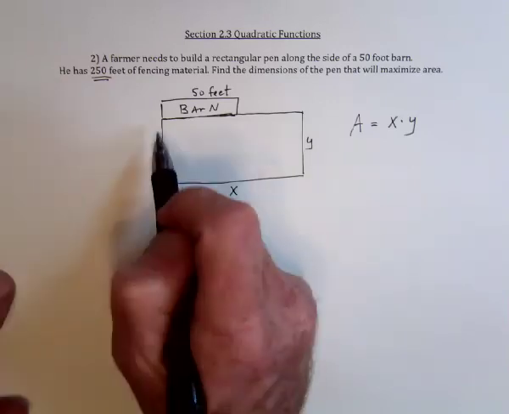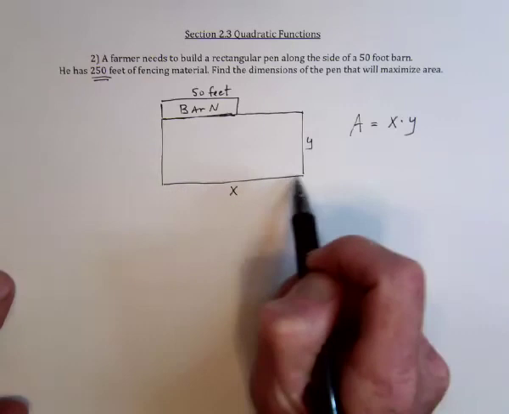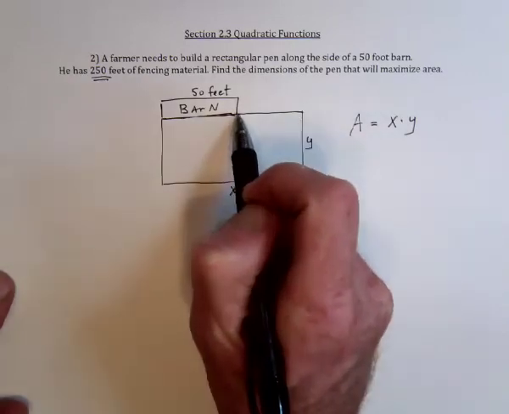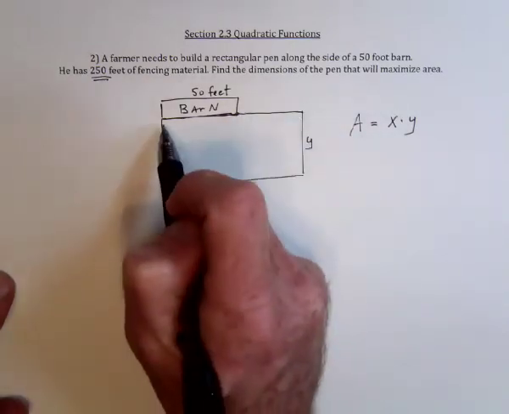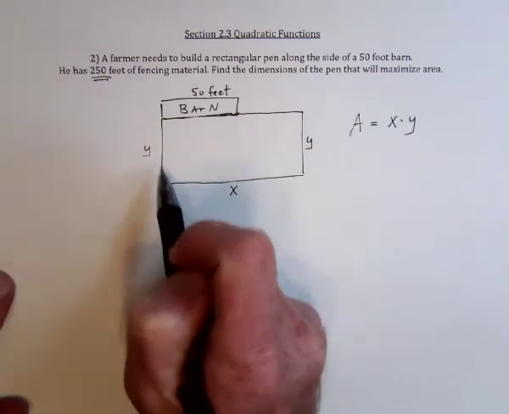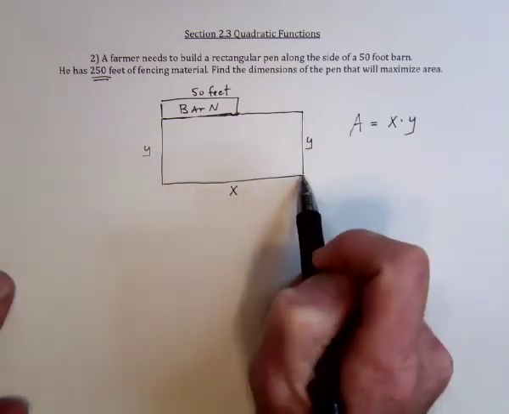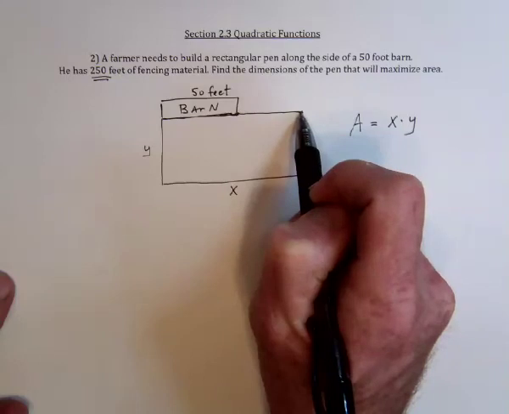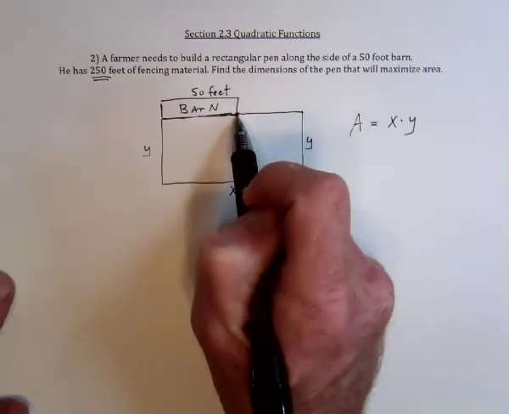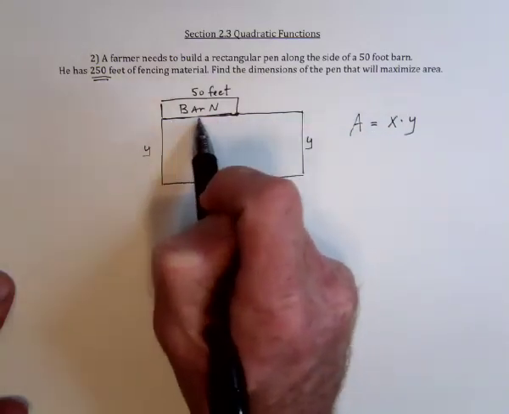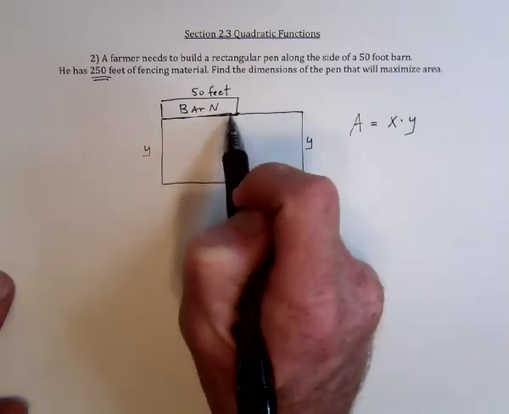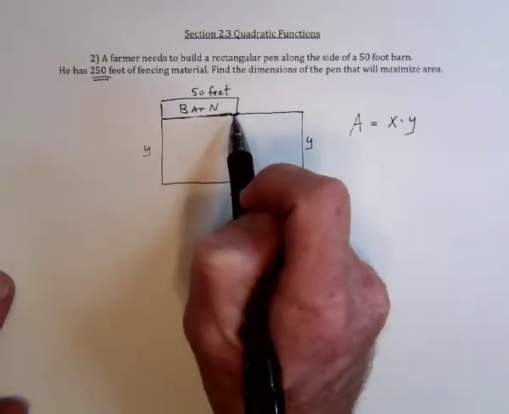So we need some other information, and that's where this 250 feet of fencing is going to come in. Well, the 250 feet is really talking about the perimeter. And so that's going to be this length here, which is y, all the way across the bottom, which is x, this side, which is y, and then this side, which stops right here. The farmer doesn't need to use any fencing here because the barn is going to keep the animals contained on that part.